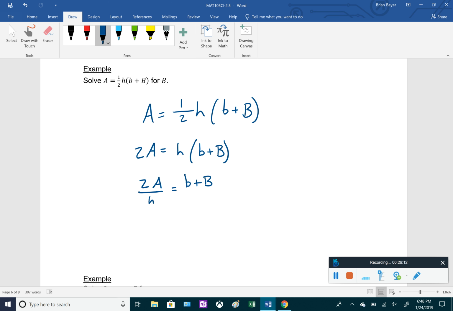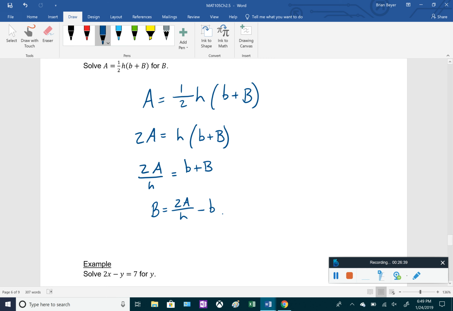We can do that by subtracting it on both sides. So that's going to be capital B equals 2A over H minus b. So obviously I just wanted to kind of test you a little bit there. If you have to show your work for it and subtract the stuff off, that's fine. I just wanted to do one of them where I wasn't showing every little step.